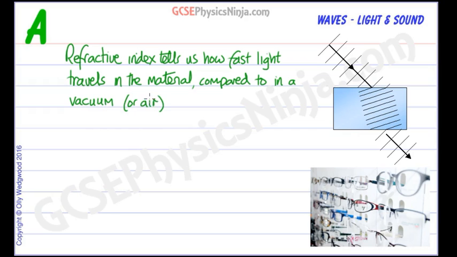You see, light travels about the same speed in a vacuum as it does in air. So we can treat them as being more or less the same.